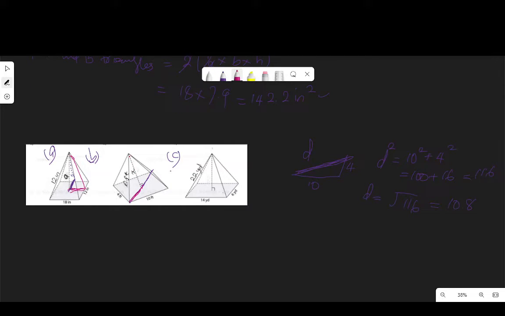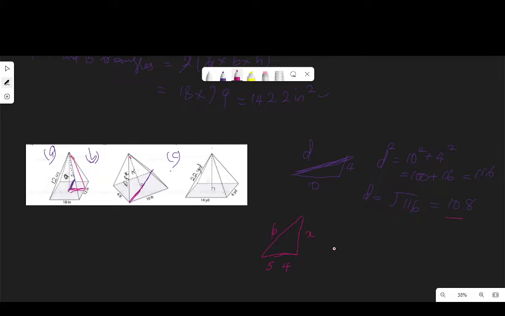Okay, now that we know the diagonal, half of the diagonal will give us, I want to get this height here. So apply Pythagoras to this triangle right here. I have the height, which is x, which is what we're looking for. The slant height, which is given there, 6 feet. And then the base, which is half of this 10.8 here. 10.8 divided by 2 is 5.4. Why is this slant height 6?